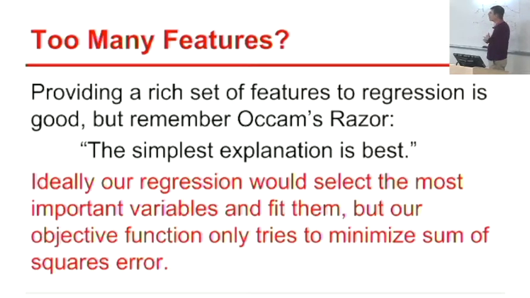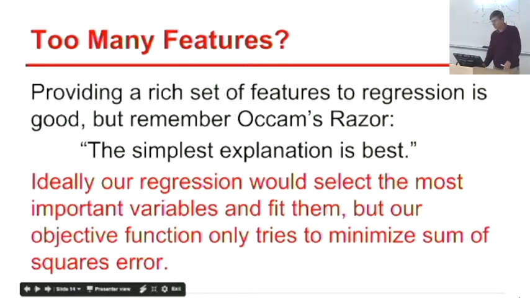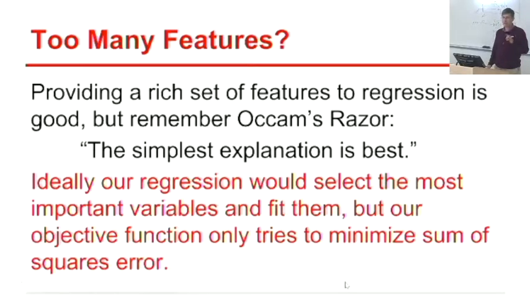That really is what you would like to see in the model. So the principle here that I want you to see is that we would like to convince our regression model to pick a simpler model, not just the one that minimizes error. Any questions about that? Yeah.